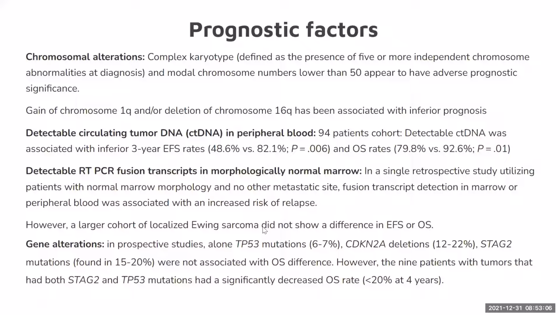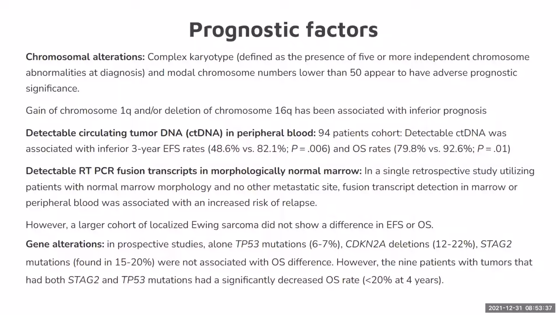Genetic alterations that can be found are TP53 mutation in around 6 to 7% of the patients, CDKN2A deletion in around 12 to 22%, STAG2 mutation in around 15 to 20%. Individual mutations of all these are not associated with a difference in OS, but in a cohort when 9 patients had both mutation of STAG2 and P53, they did significantly worse in OS, only less than 20% at 4 years, compared to the average that we say of more than 70%.